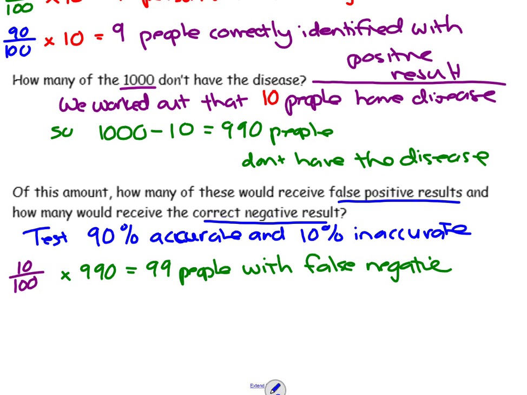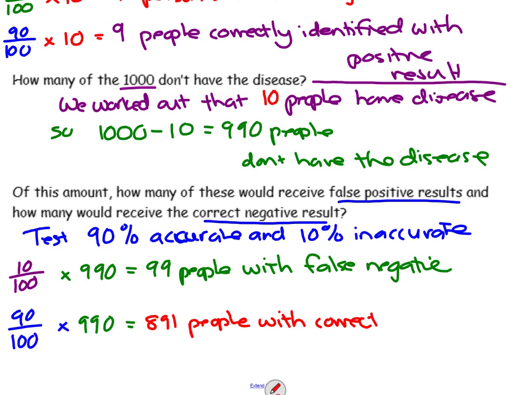And then it's 90% accurate, so turn 90 into a fraction and multiply it by how many people we expect don't have the disease. And you get 891 people who have a correct negative result. So let's see, how many have incorrect results so far?